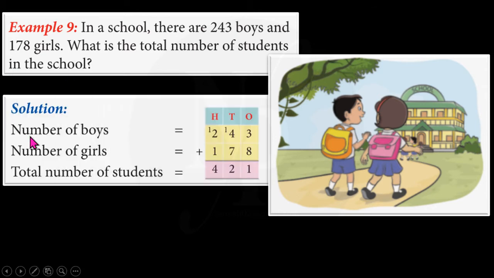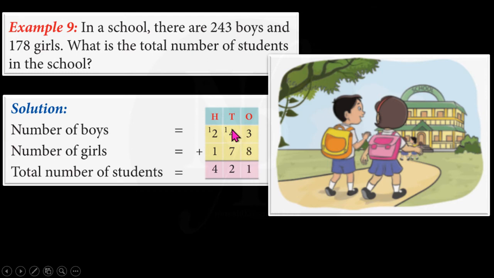Solution. Number of boys is equal to 243. Number of girls is equal to 178. And to find the total number of students, we will add these numbers. We start addition from one's column. That is 3 plus 8 is 11. 11 ones are regrouped as 1 ten and 1 one.